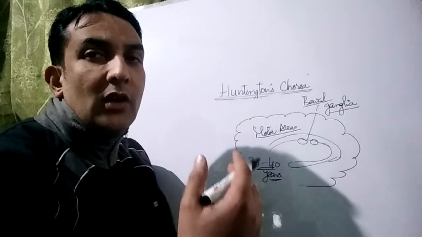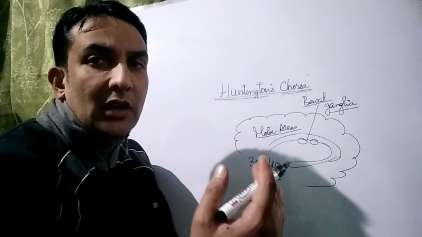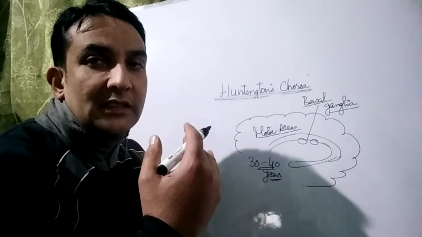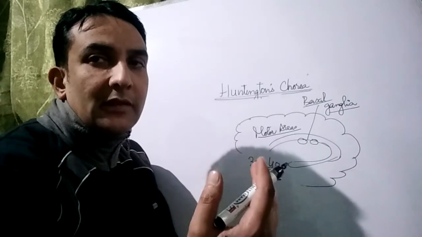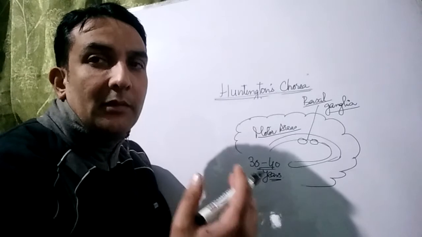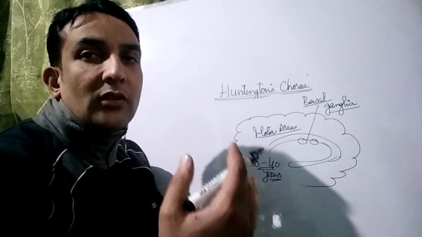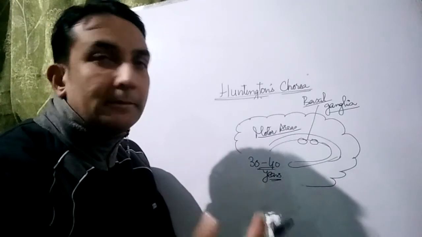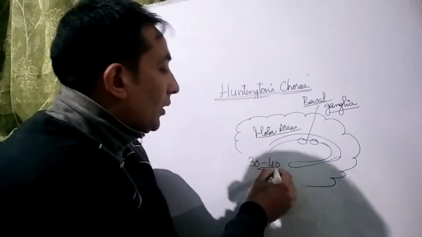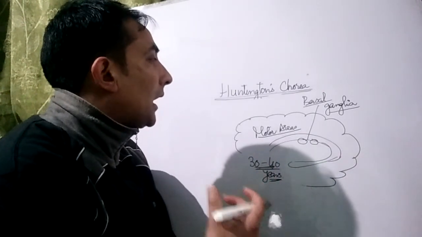But it usually occurs in the age group of 30 to 40, and once the symptoms have onset, it becomes very difficult to control the nerve degeneration. After the nerve degeneration begins, the patients can live a disturbed life for about 10 to 20 years, after which they die. So this is what happens in Huntington's chorea.